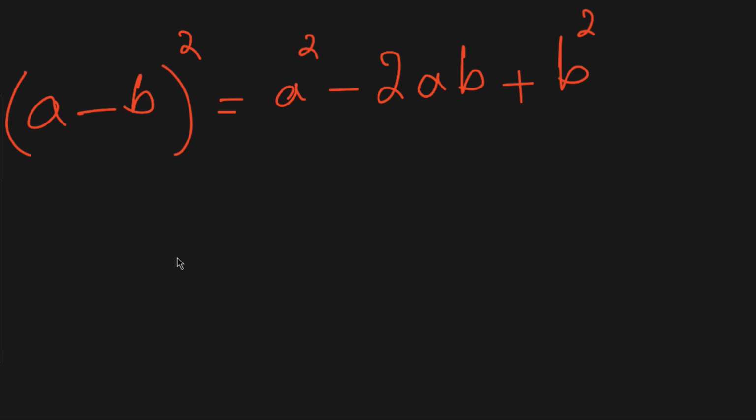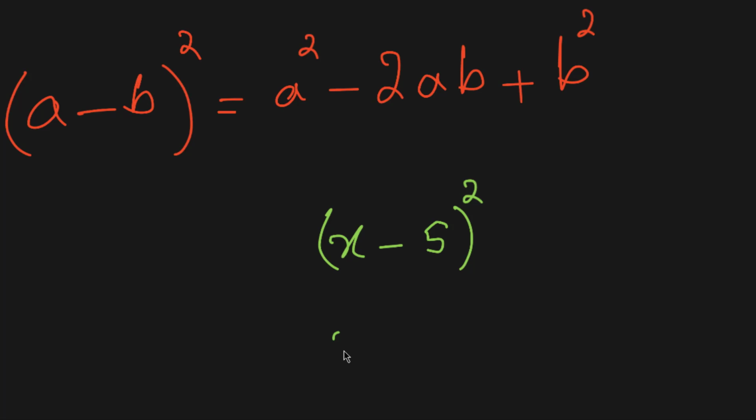So now let's say we have a question which is, let's say, x minus 5 whole squared. Now we need to expand the bracket. Now we need to find the square of this binomial using the formula. So as here is a negative sign, we need to use this negative formula. If it's positive, then you will use the first identity.